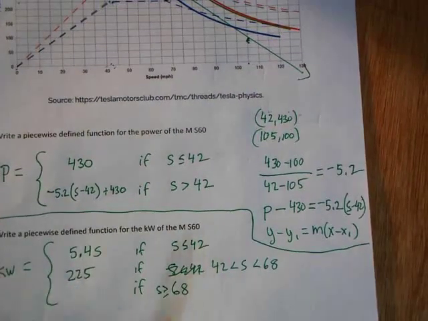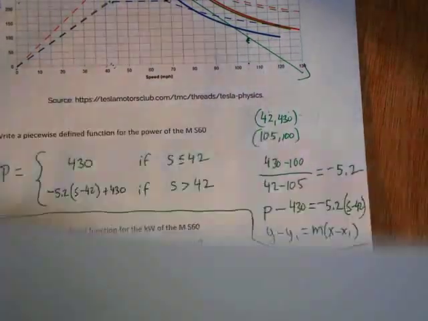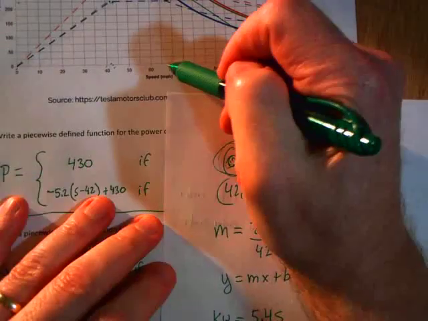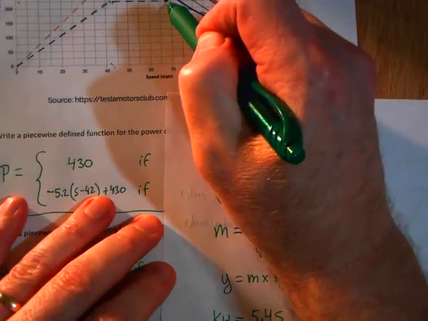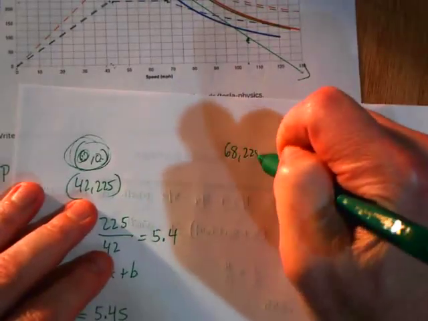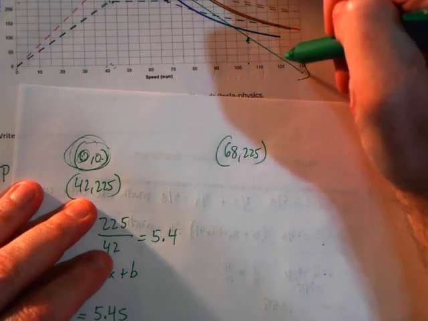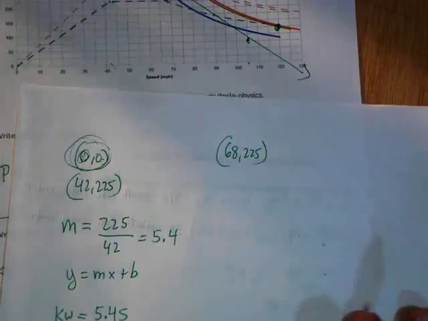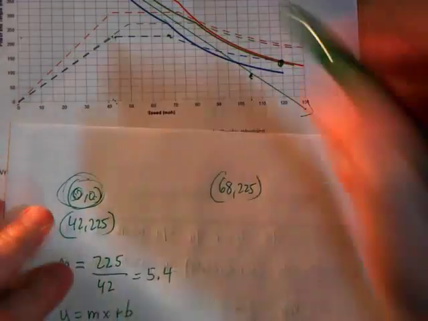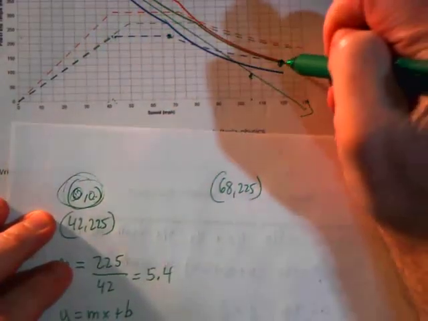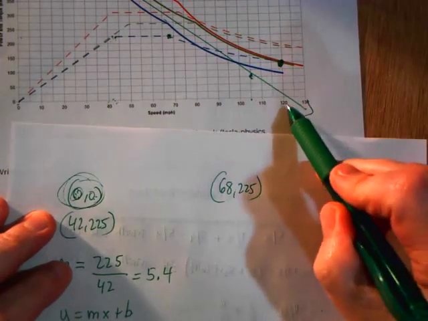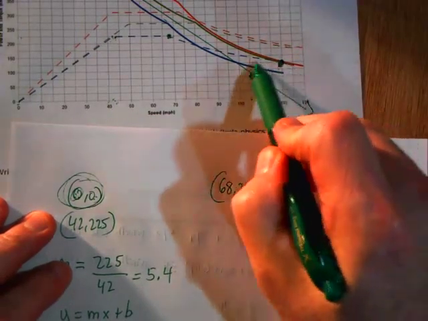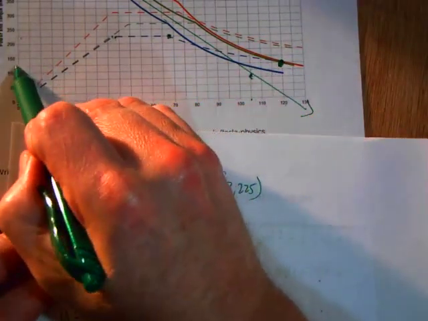The last one, again, I've got to pick a couple points. So I'm going to have, I called it 68, 225. And then I'll pick a point down here, I guess, right here looks like a good one. 68, 225, just so you can see that one. And then this one is 120, 125.